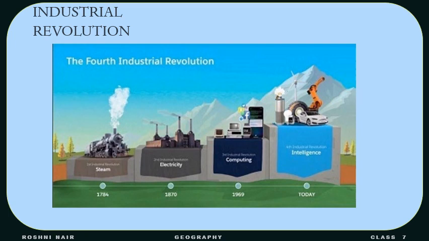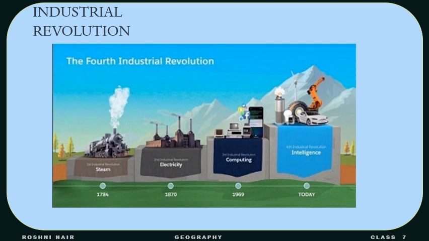Now, this was about the first industrial revolution, which took place in 18th century. But now you can see in the slide that from steam engine, second industrial revolution was somewhere in 1870s in electricity. Then third industrial revolution was in the field of computing in 1969, almost a century later.